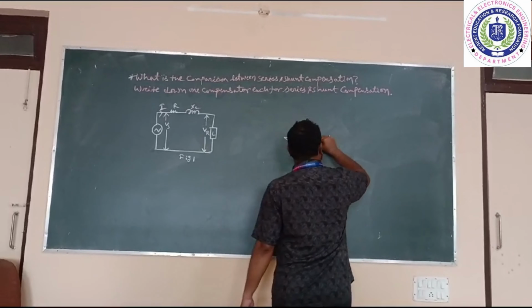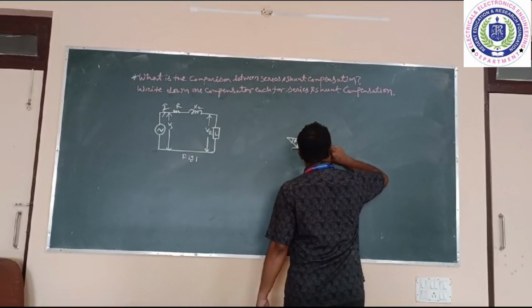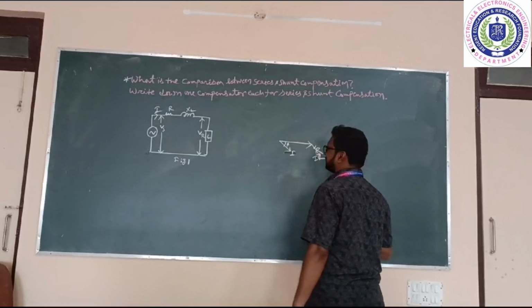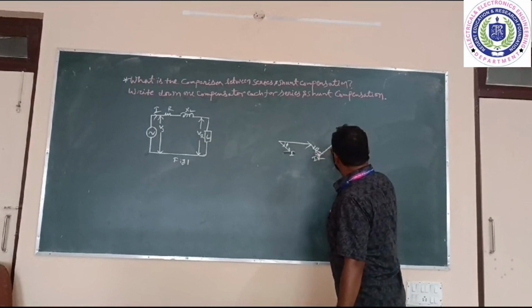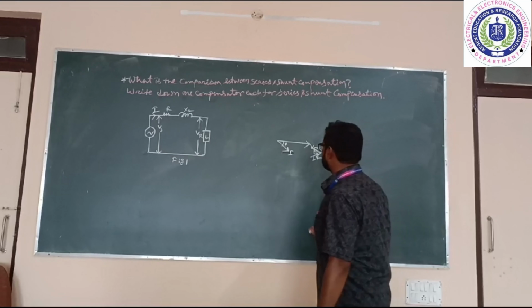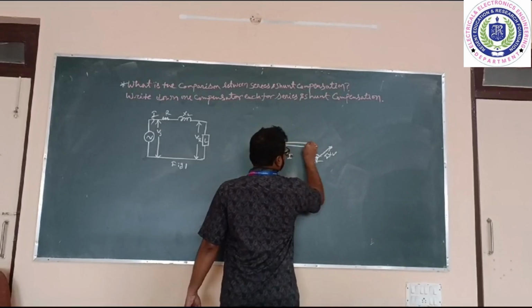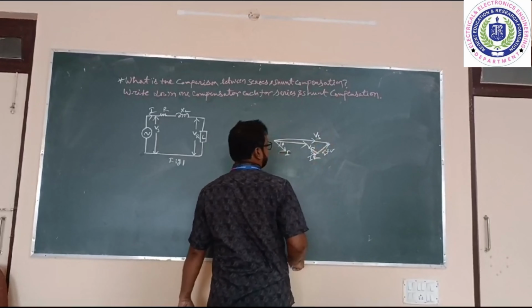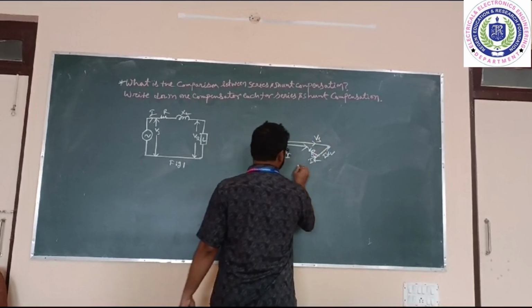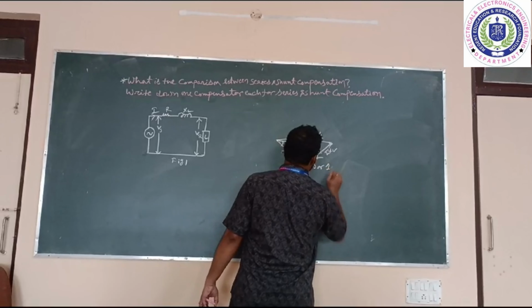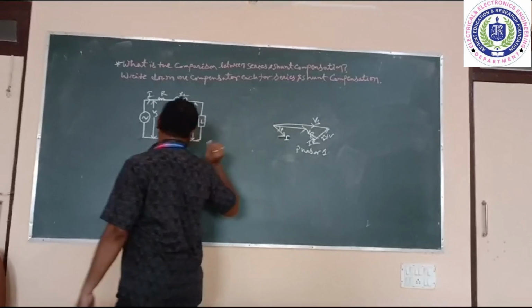So draw the drop across the resistance, which is IR, and the drop across the inductance, which is I into XL. By adding these, we get the supply voltage. So this is the phasor diagram of an uncompensated line.